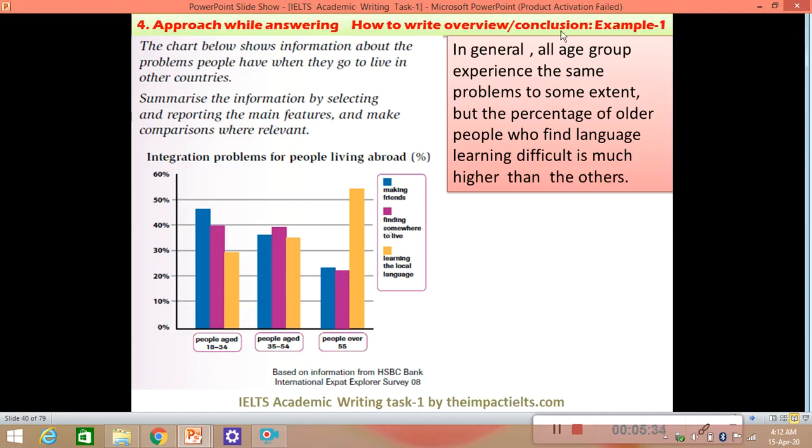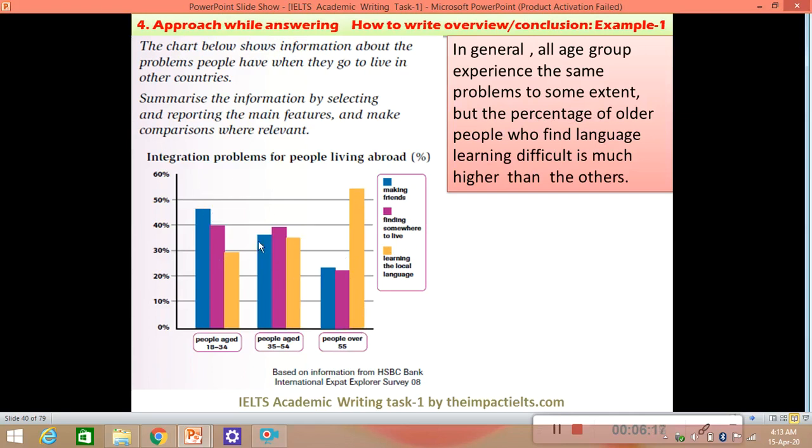In general, and this is the language that you can use, all age groups experience the same problem to some extent, but the percentage of older people who find language learning difficult is much higher than the others.